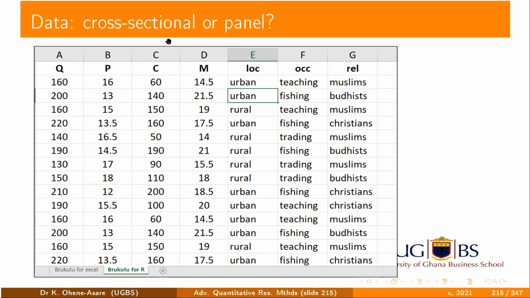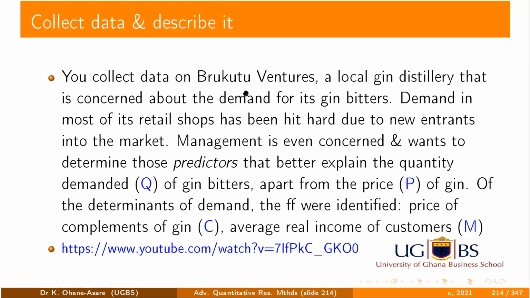So I have decided to collect some data. This data is called Brukutu Venture. Some of you may have seen it before. It's a local gin distillery that is concerned about the demand for its gin bitters. Most of its retail shops have been hit because of the new entrant. So management want to know which predictors, aside from the price, can affect demand.